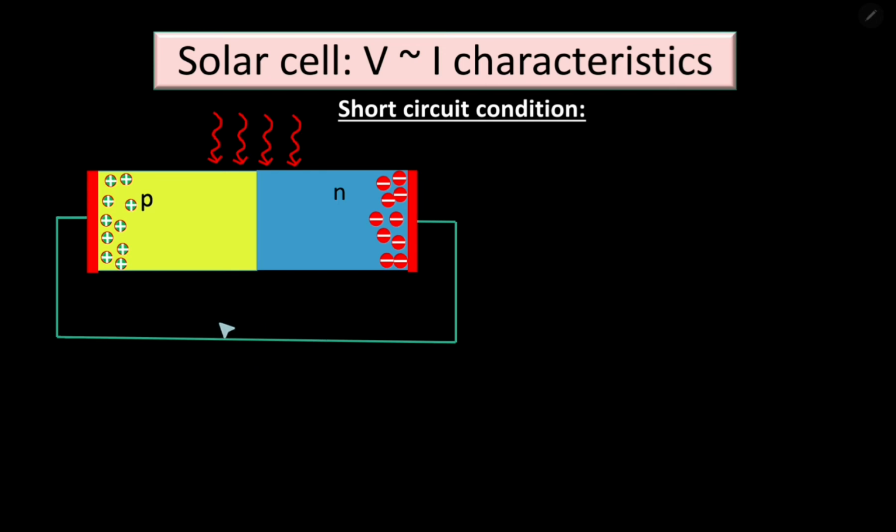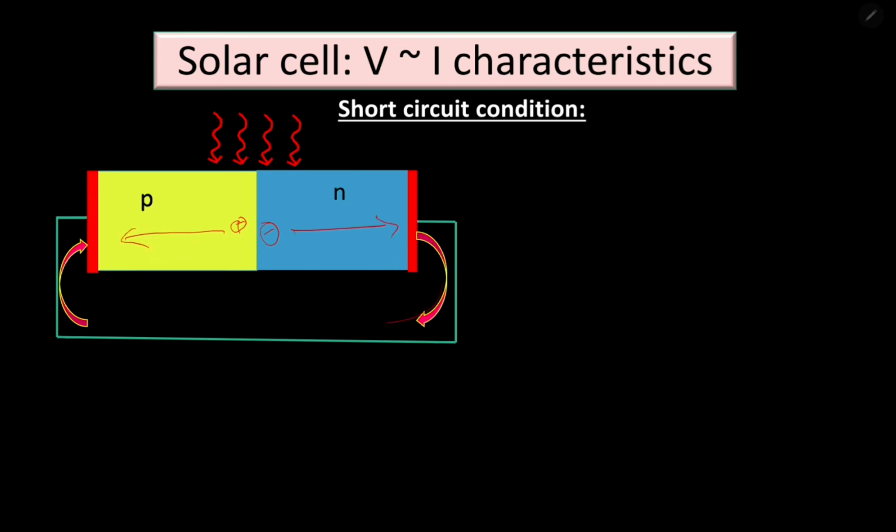As there is no resistance, what will happen to these electrons and holes? The electrons will flow through the metal wire to the P side. Once they reach over here, they will recombine with the holes which are available here. So once they recombine with each other, they will disappear from here. Once they disappear, the electron-hole pairs over here can move easily to either side.